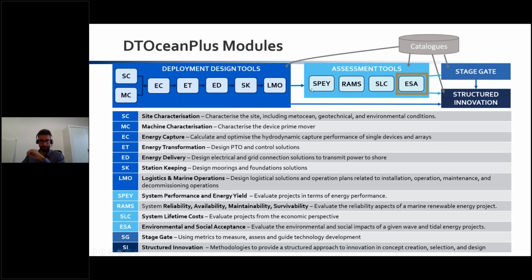In the assessment tools, you have 4 different modules. The first one is to estimate the system performance and energy yield. The second one analyzes the reliability, availability, maintainability, and survivability. The third one gathers the cost results from all the modules that have been run before and makes some computation to estimate the system lifetime cost.